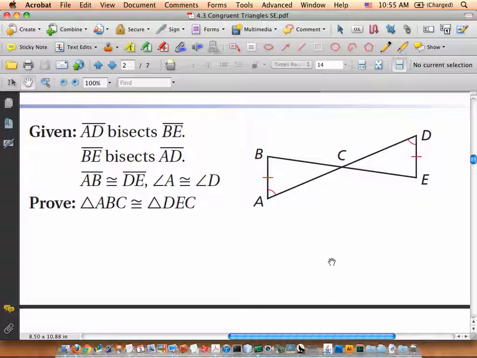We're given from this picture that AD bisects BE, that BE bisects AD, that segment AB is congruent to segment DE, and that angle A is congruent to angle D. I want to prove that triangle ABC is congruent to triangle DEC.